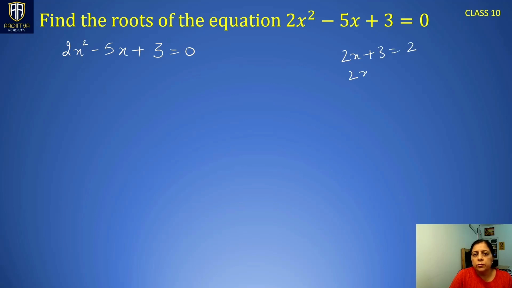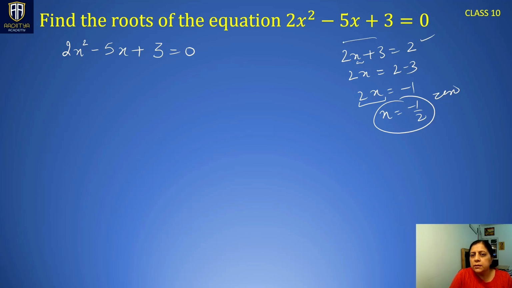So we used to find the solution of a linear equation like this. We have to find the value of x. This is the only value on the left hand side. This is 2 minus 3 is minus 1. So the value of x comes out to be this. This is the zero of this equation. Since this is a linear equation, it will have only one root.